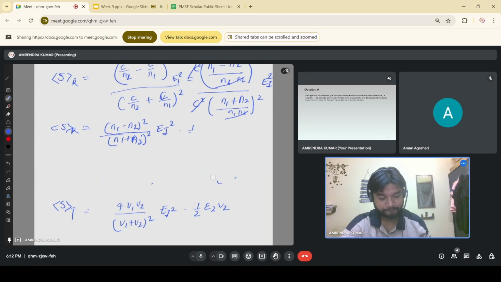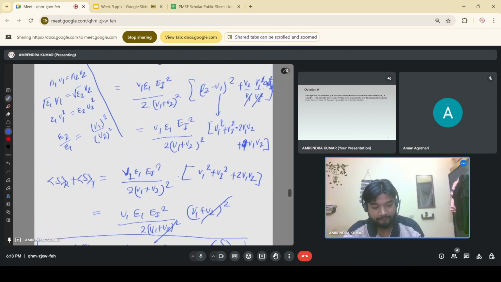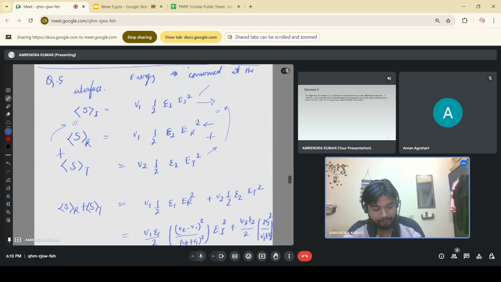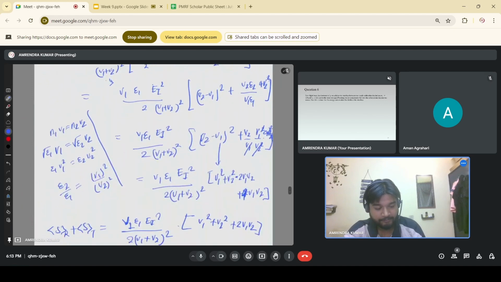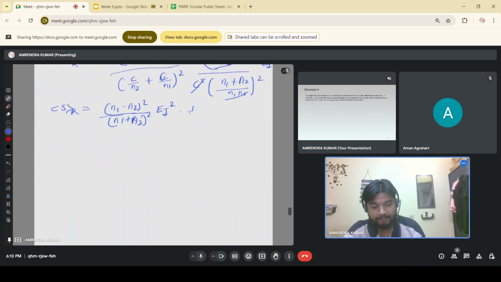Previously we derived this one, half epsilon one E1 squared.